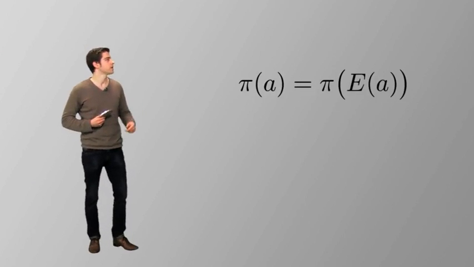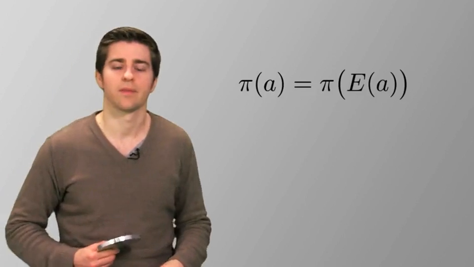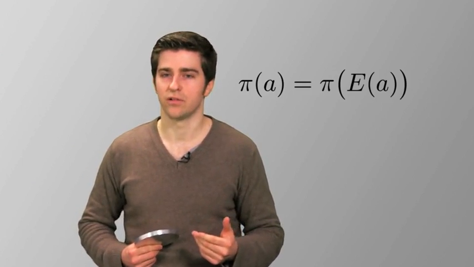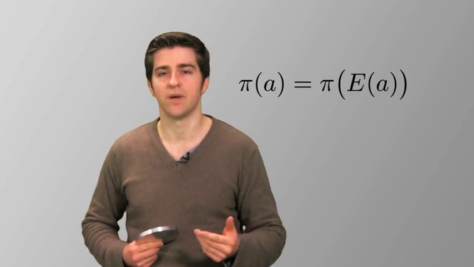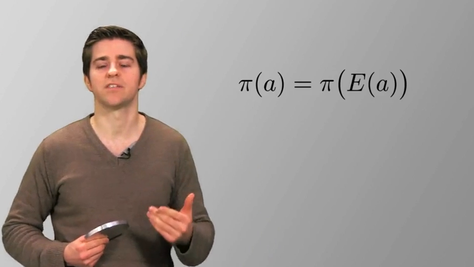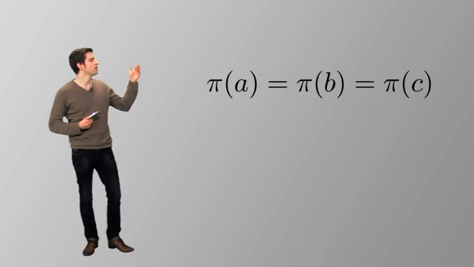That is, pi of A equals pi of the energy of A. For hard disks, all allowed configurations have the same energy, E equals 0. This gives the same statistical weight to each configuration. Pi of A equals pi of B equals pi of C.